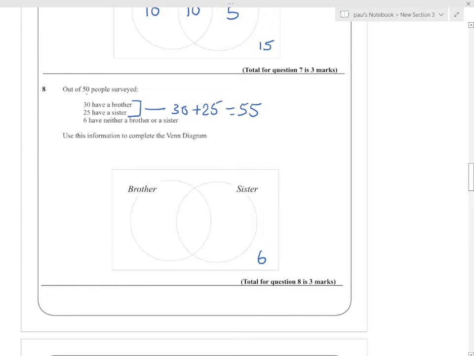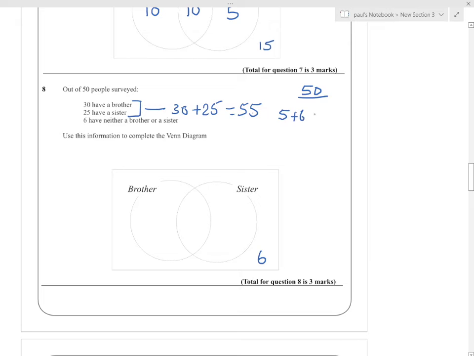So there are 50 people surveyed altogether. So we've got 55 here, and so there's a 5 difference there. So there must be 5 people that are in both, but we've got 6 here.